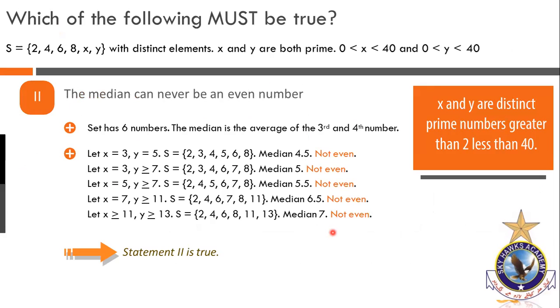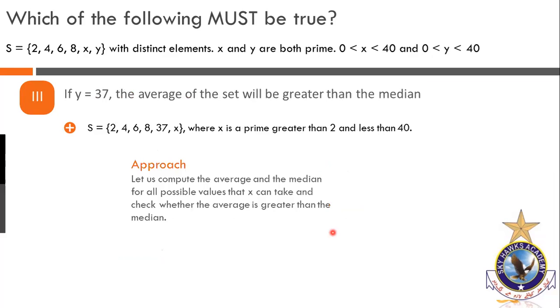That is the median. 7 is once again an odd number, and that is the maximum value of the median that the data can take according to the given conditions and restrictions. The third statement is about the average or mean. 37 is for y, and we change the value of x according to the given conditions.